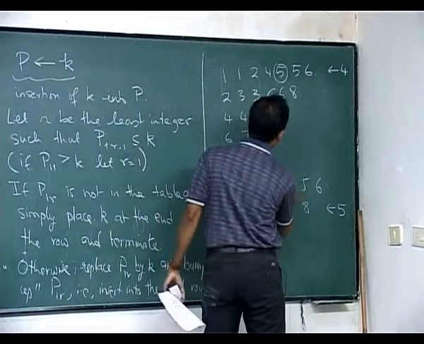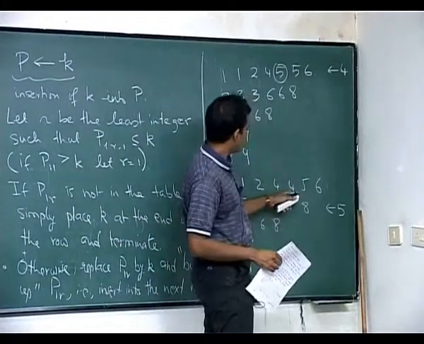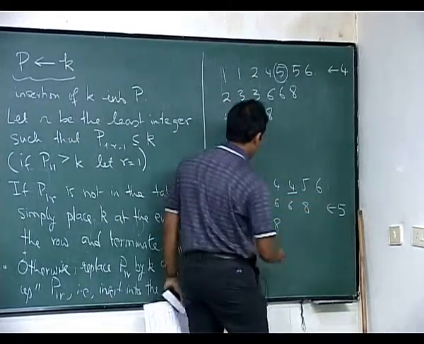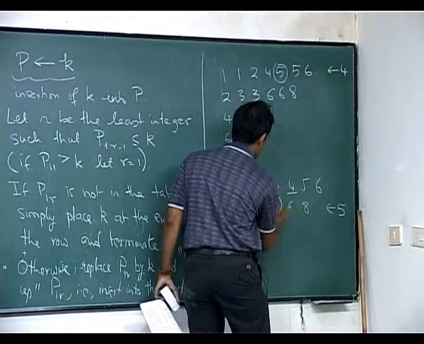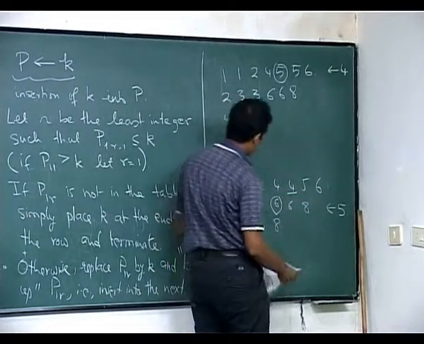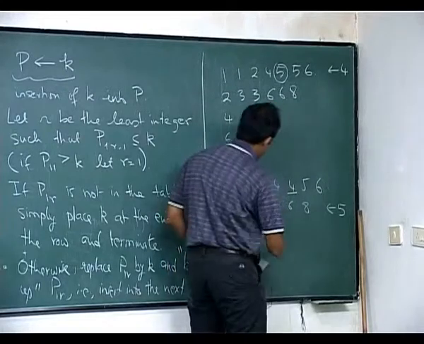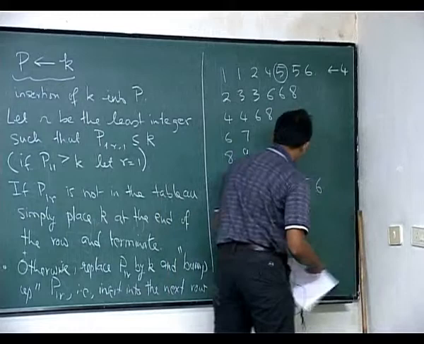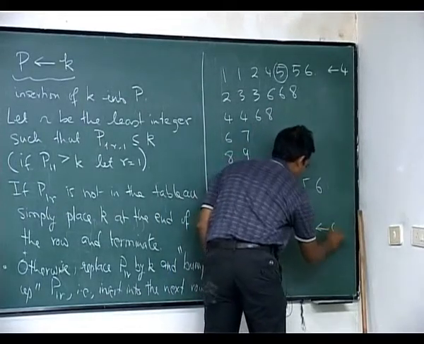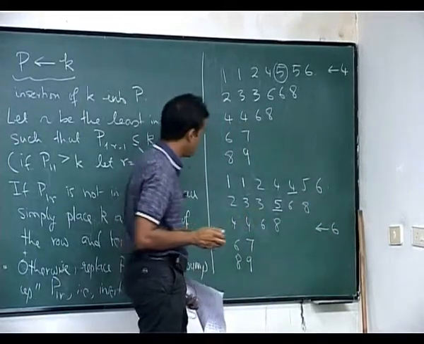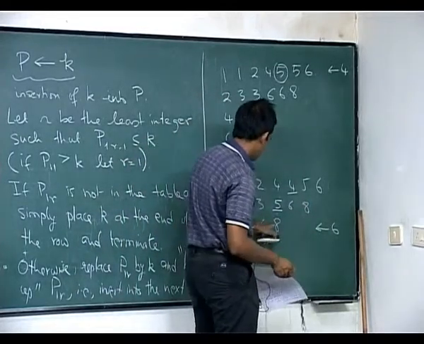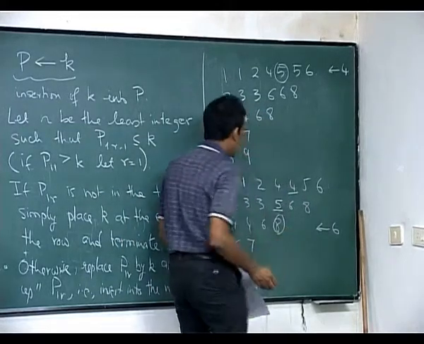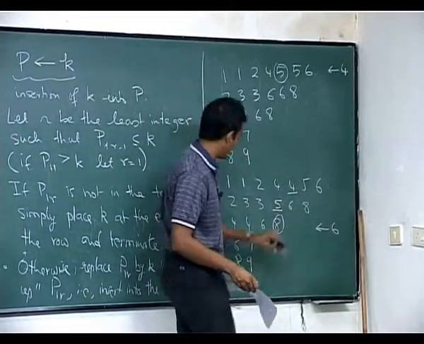So this is the 4 that was inserted here, this is the 5 that got bumped up. Where should I put this 5? I guess I have to put it here. And it's a 6 that got bumped up. Where can I put this 6? I can put it over here. So it's the 8 that gets bumped up, and I replace this 8 by a 6.